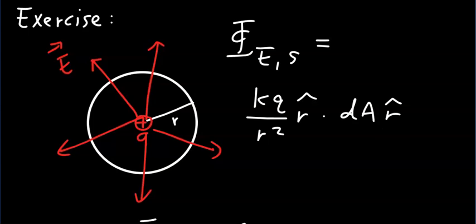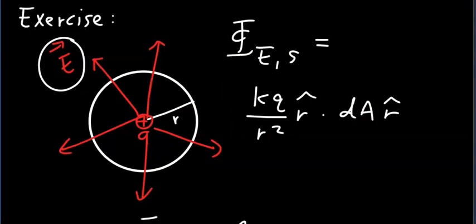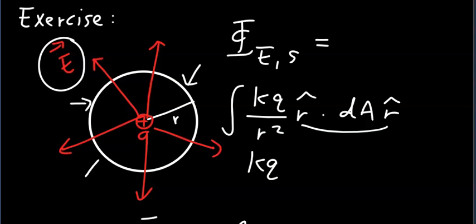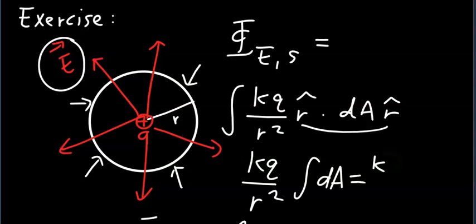And since the field has a different direction at different points, we end up integrating this expression. Now r-hat dot r-hat is 1, so you can take all the constants out. Note the field at the surface of the sphere is constant, namely kQ over R squared. So integrating dA, this is a spherical surface, you get kQ over R squared times the area.